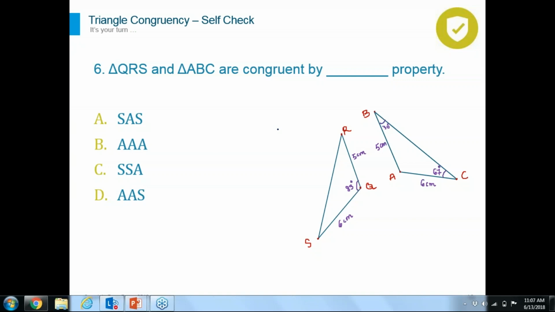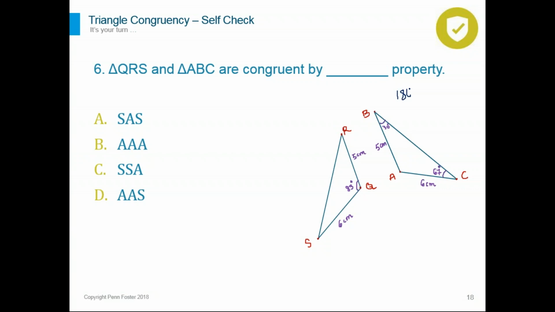Okay, so again, we have two pairs of corresponding sides, this side and that side with the same length, this side and the corresponding one with the same length. The angle, though, is what's missing. Since the first triangle ABC has two other angles known, and we know that the sum of the interior angles in any triangle is 180, we can subtract the sum from 180. So that would be 30 plus 67, and then 180 minus the sum, and that will give you the missing angle's measure, 83.